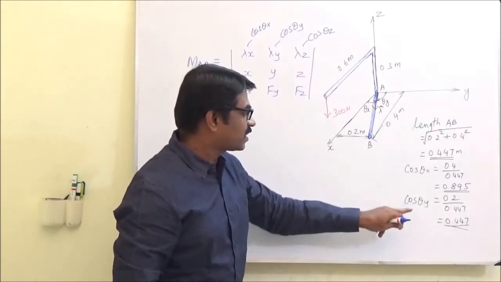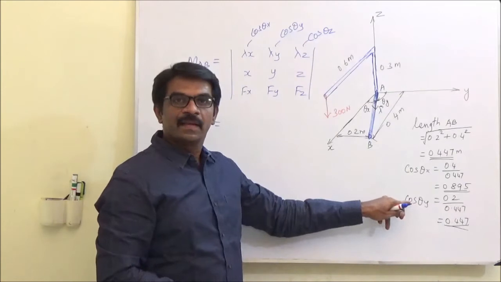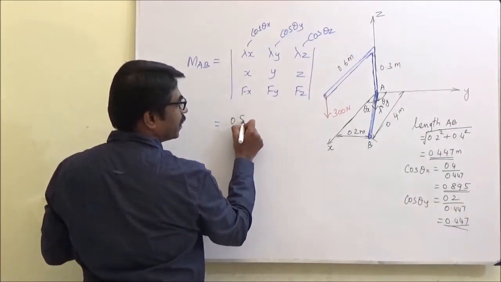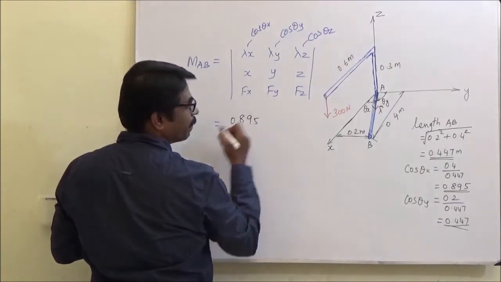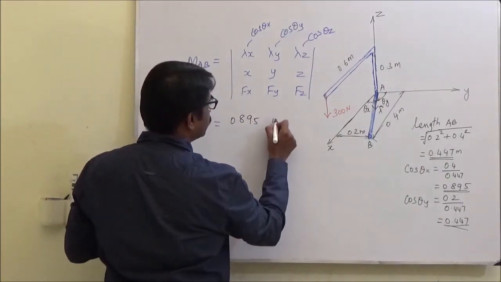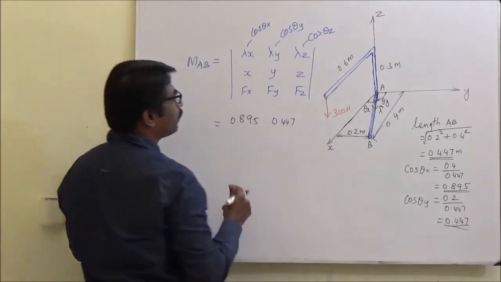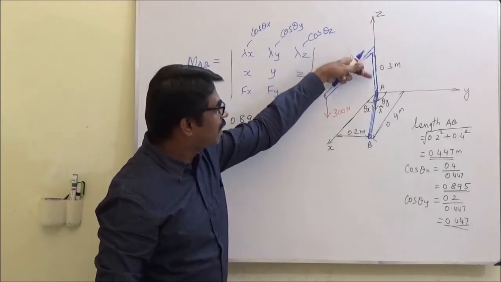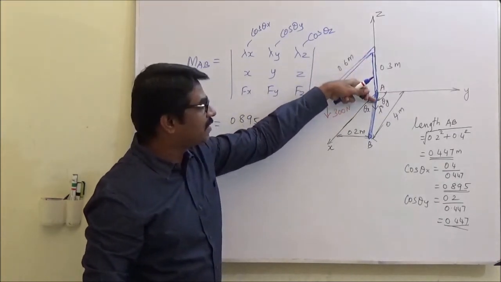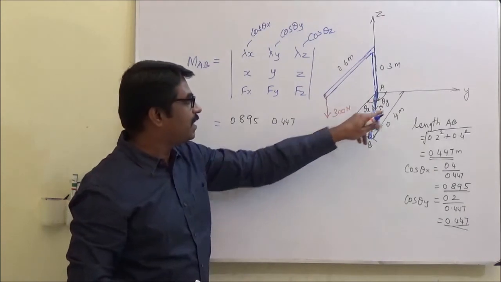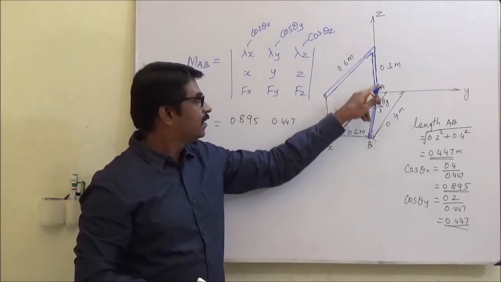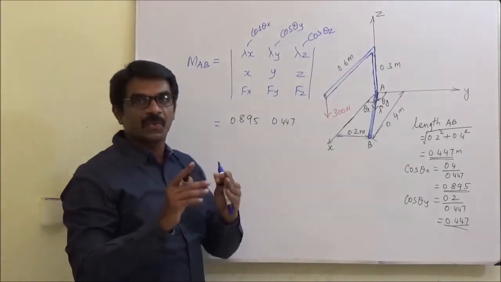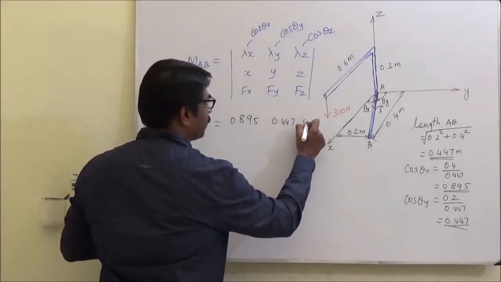So we obtain cos theta x and cos theta y from the triangle. So we substitute 0.895, 0.447. What about cos theta z? Since AB is lying in the xy plane, the angle between the z-axis and AB is 90 degrees. Cos 90 is 0.